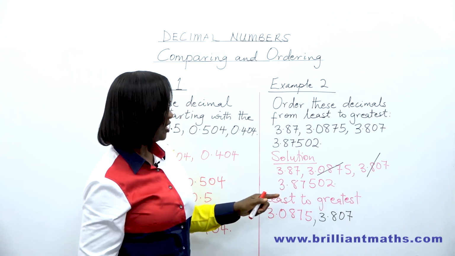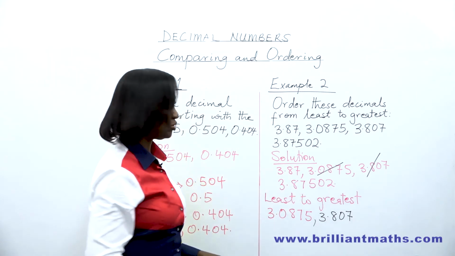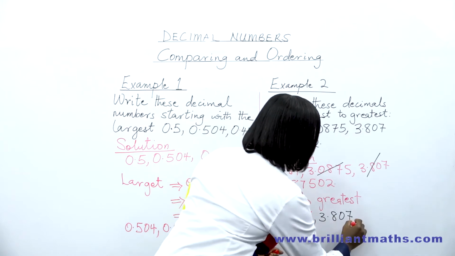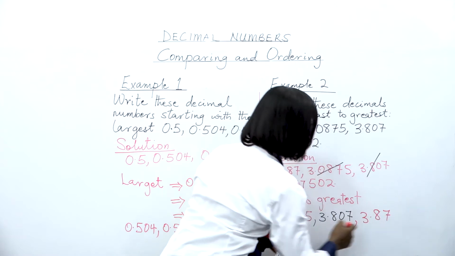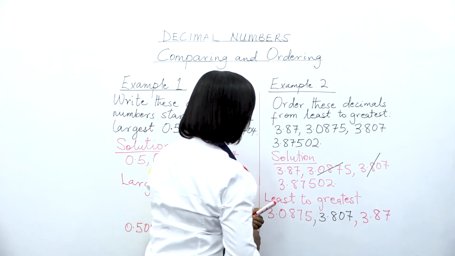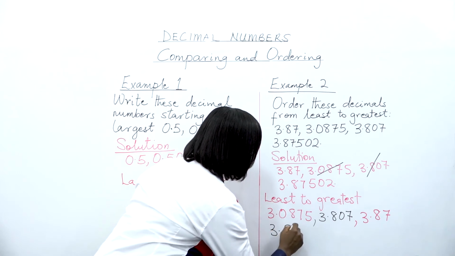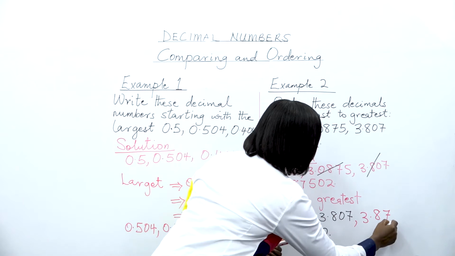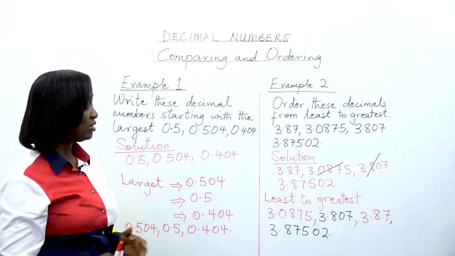And then the largest will be 3.87502. So I have 3.87, and then finally I have 3.87502. It's very easy to compare decimal numbers.